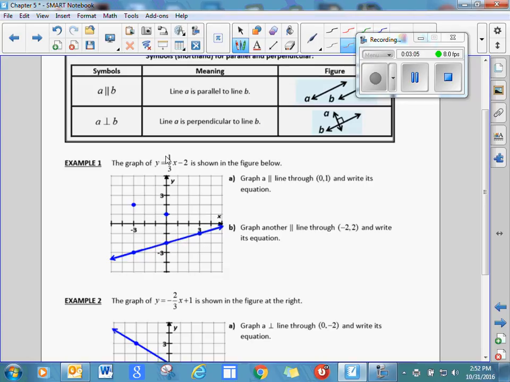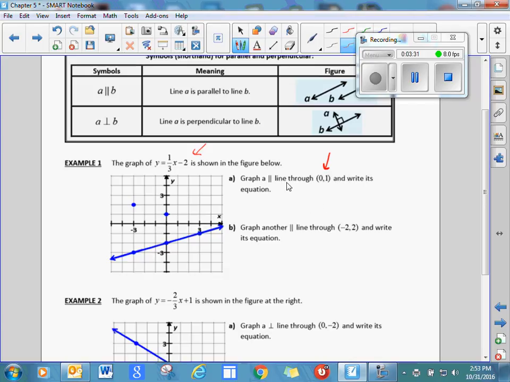One thing to know about a parallel line is that it is going to have exactly the same slope as the line it's parallel to. So in this case, they're asking us to graph a line that's parallel to the line that we see, but they're giving us the y-intercept of +1, and write its equation.